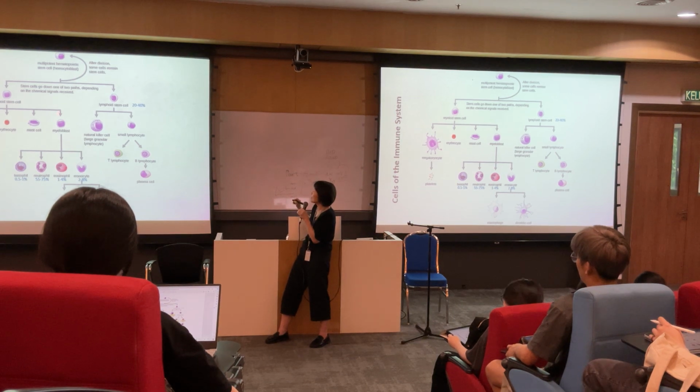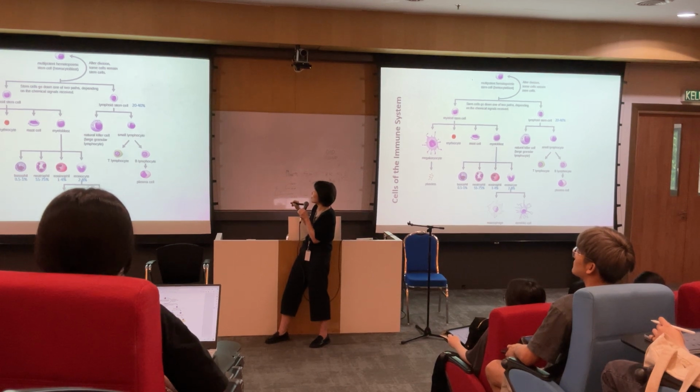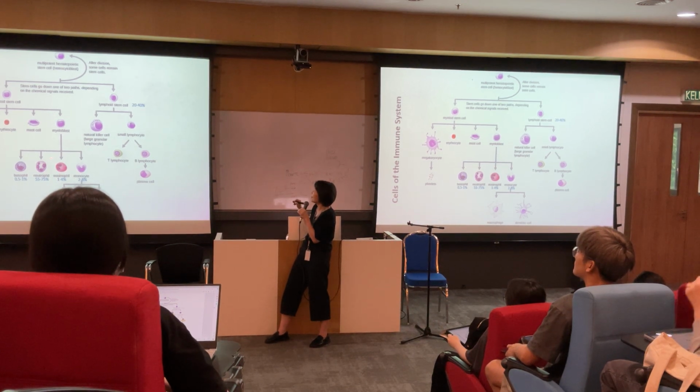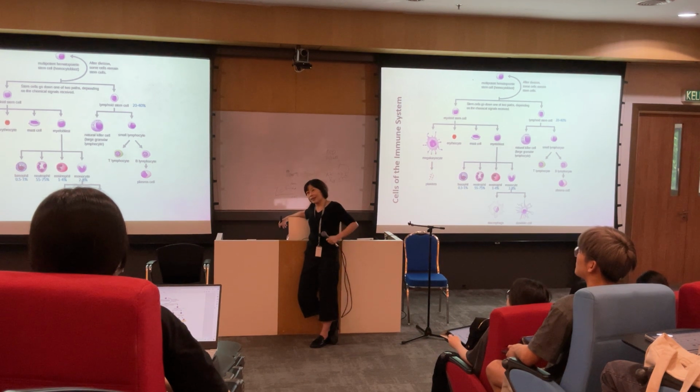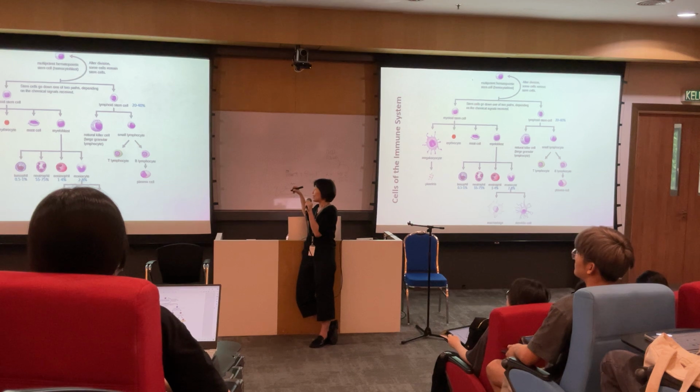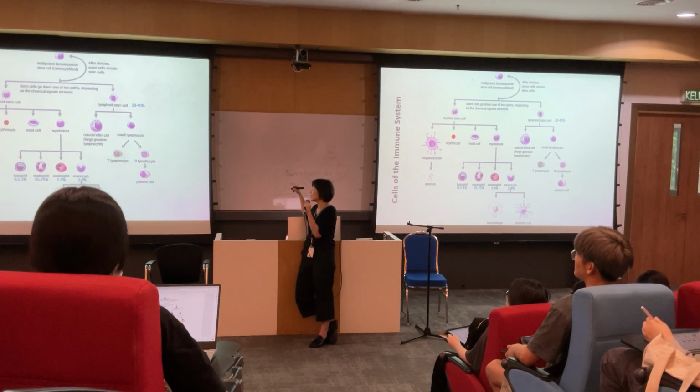So can you tell me, which cells in the myeloid classes are phagocytes? Which one? Macrophage is a phagocyte because the structure looks like a phagocyte.